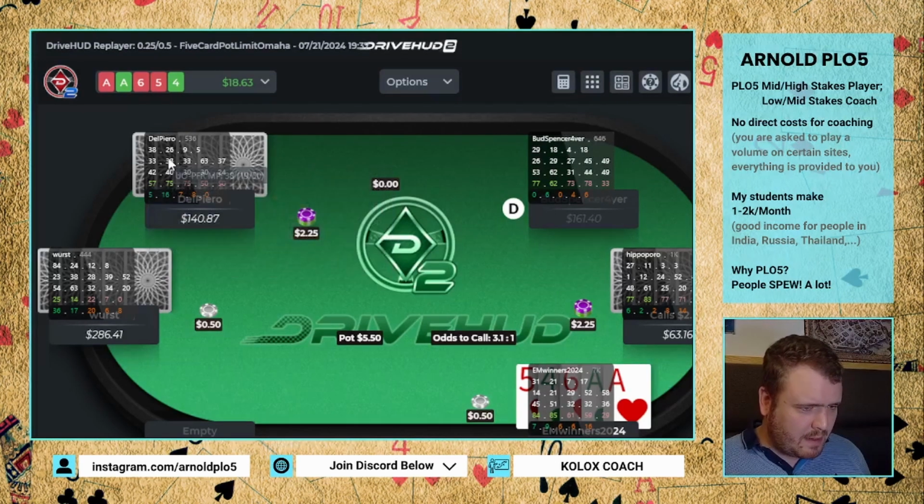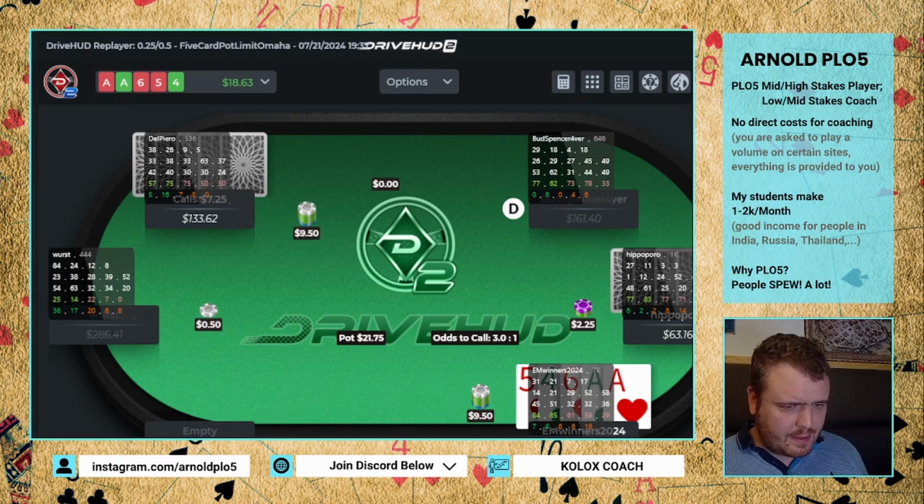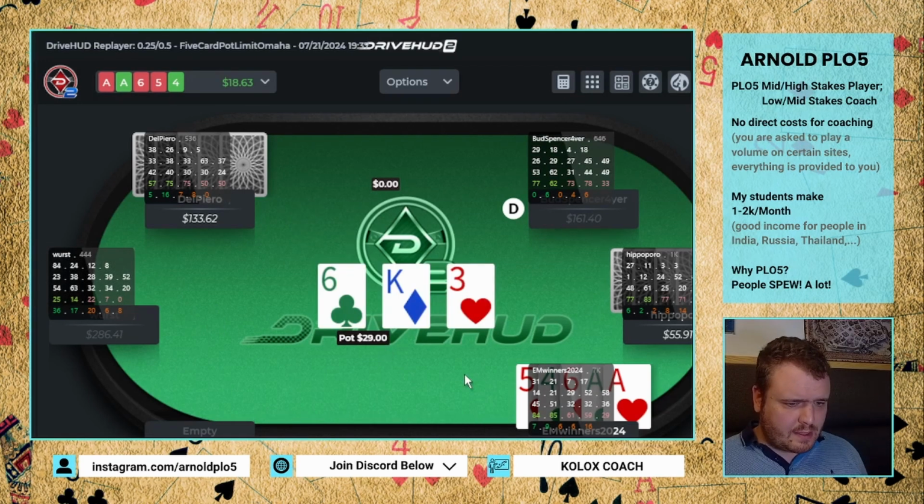Open raise by a more loose player. Okay, a 3-bet, and the SPR is 1.5, and the question is, should I go all in here? Should I bet very small, like 1/3 pot?